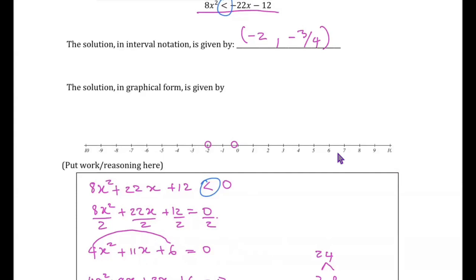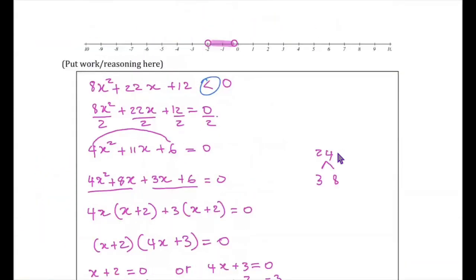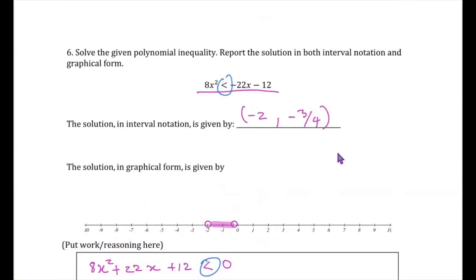It's closer to 0. And then we can sketch the solution here. So that is the solution for the inequality 8x squared less than 22x minus 12.